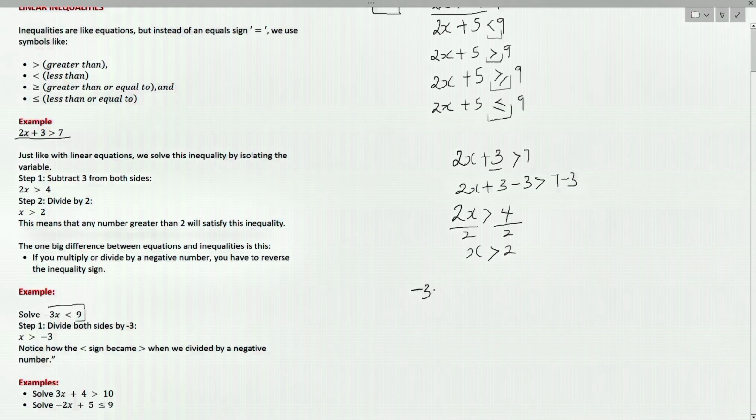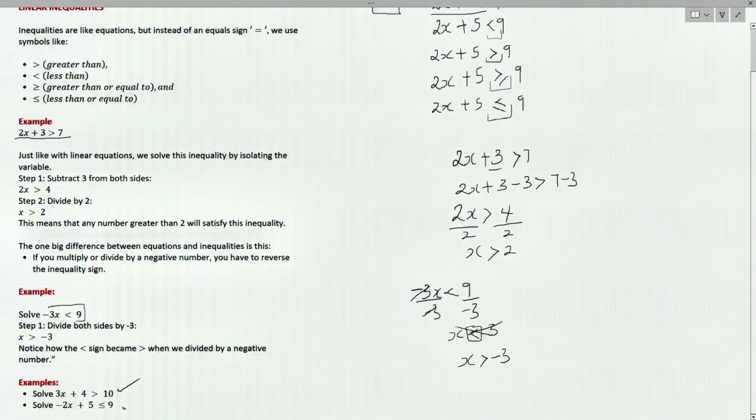When we have minus 3x less than 9, divide both sides by minus 3. x is less than 9 divided by minus 3. Now, 9 divided by 3 on its own is just 3. But because of this negative sign, the inequality sign changes. So we're no longer going to have it like this. It's going to be x greater than 9 divided by minus 3, which is minus 3.